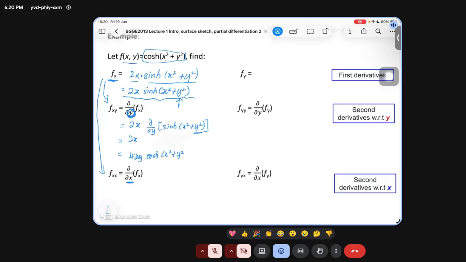Within this derivation, what is the term that you want to derive? Sinh of x squared plus y squared. Now you derive with respect to y. This y squared, if you derive it, it will become 2y, correct or not? This is the first term, just like the example here. So the 2y, and then with the remaining sinh, it will become cosh.